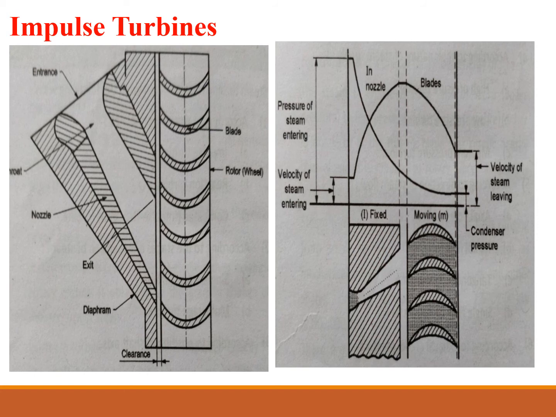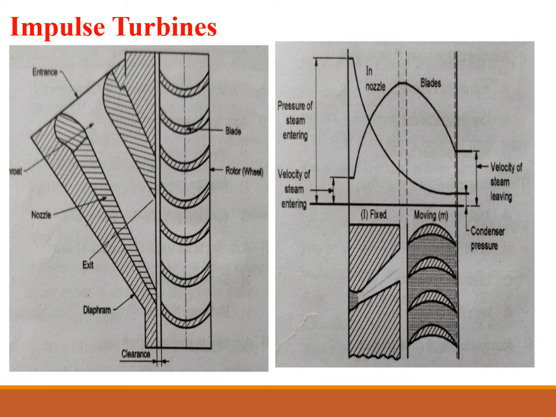As the steam flows through the nozzle, its pressure falls from inlet pressure to exit pressure, or a high velocity steam jet is obtained by complete expansion of steam in a stationary nozzle fitted in a diaphragm.